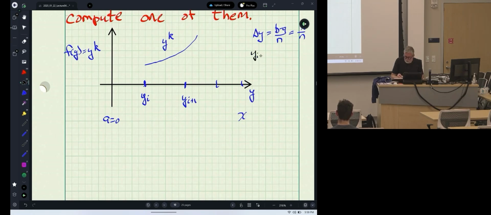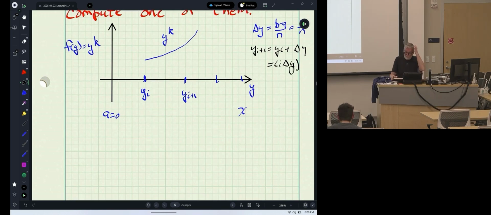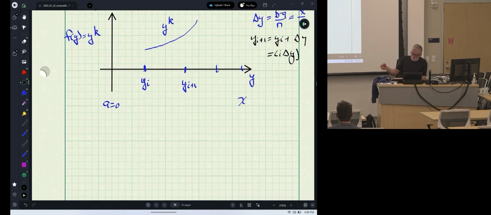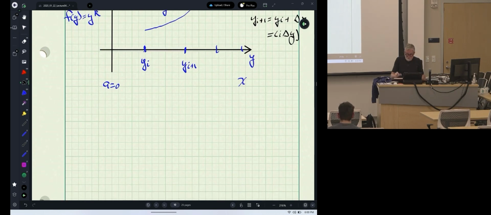Then we have y_{i+1} equals y_i plus delta y, and that equals i times delta y. That's because y_1 is 0, y_2 is delta y, y_3 is 2 delta y, etc. So y_{i+1} is i times delta y.